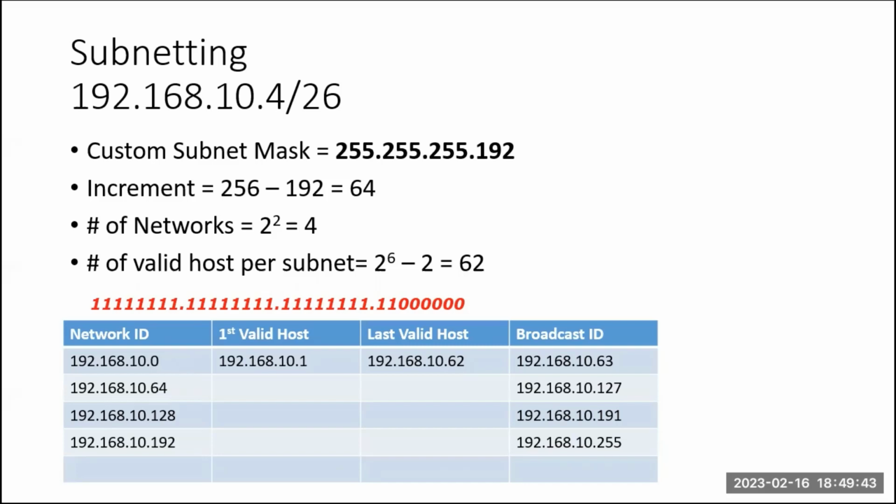Next, the last valid host is 192.168.10.126. For the third network, the last valid host is 192.168.10.190.